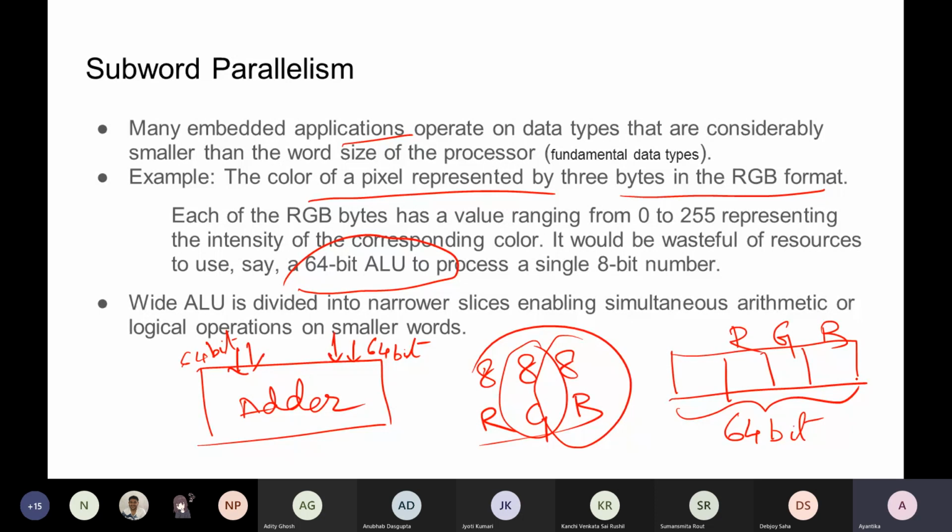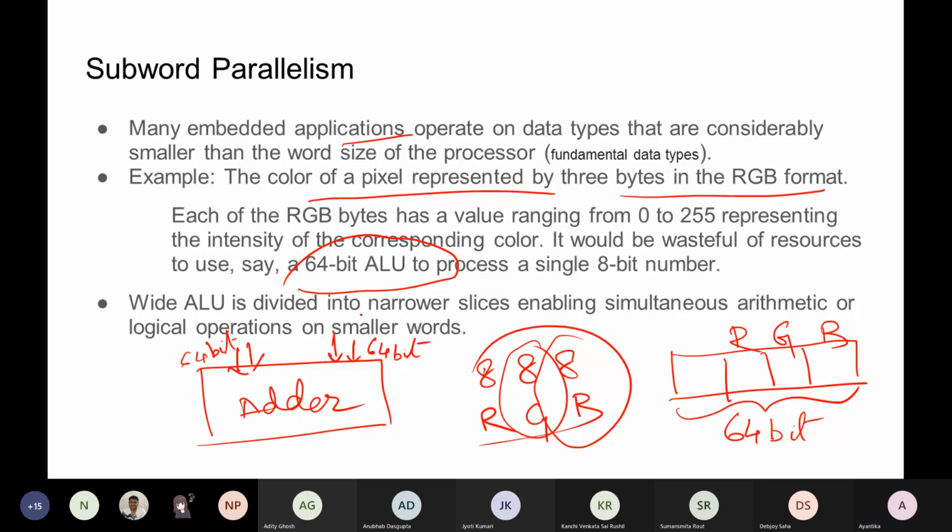This is something similar to VLIW, but in the VLIW case, under one VLIW instruction we have multiple different types of instructions. Here, we are basically putting them together at the input of your ALU. Together we are processing, but for us, these 8-bit separate values are meaningful. But we are fusing them together and processing them with our 64-bit ALU.